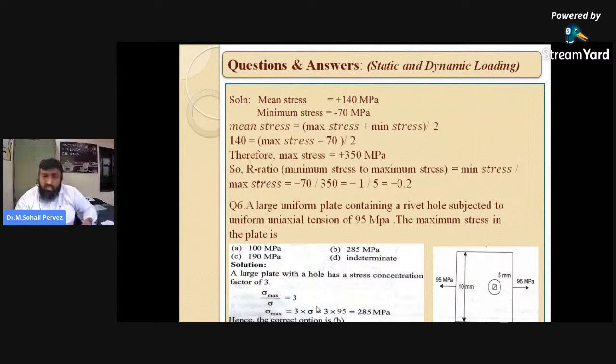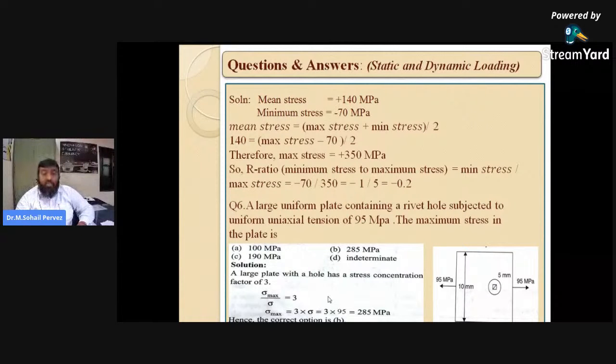Either you can assume 3 or 4. We have taken the same reference, and sigma max upon sigma is equal to 3. That is, sigma max is equal to 3 into sigma, and the answer is 285 megapascal. Again, a very simple question, but the logic is stress concentration, and this relation would be used to solve such problems.